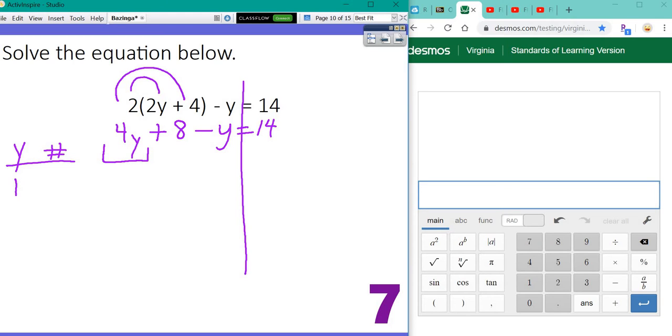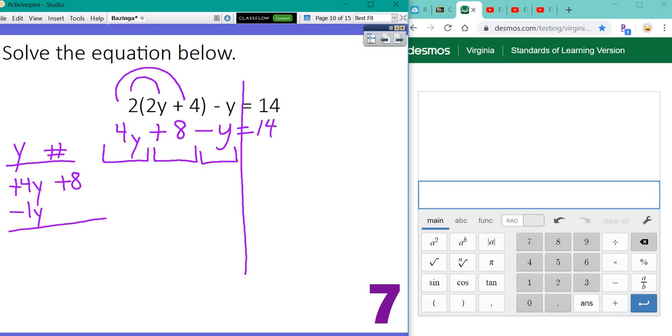It is a positive 4y. Then I've got my second term right here. What is that second term, Imson? It's a positive 8. Then I've got my third term right here, and what is that, Raiden? It's a negative, and I'm going to go ahead and put a 1y there so we don't have any confusion.